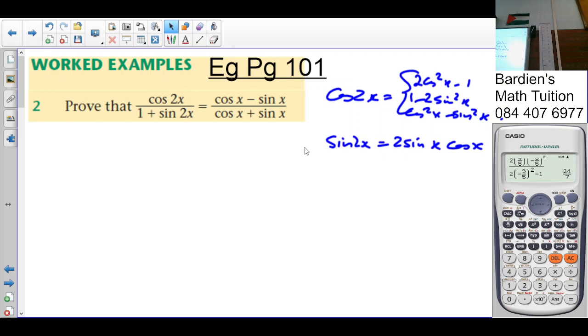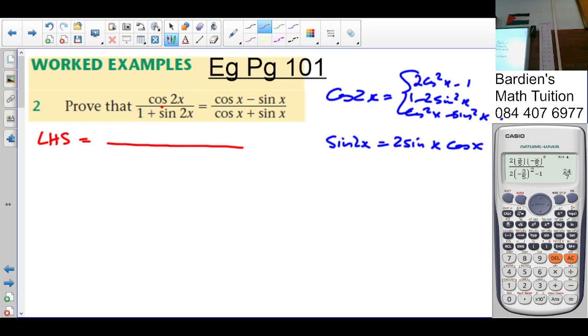Which side do you think we're going to work with here? Left hand side. Okay? So to expand this is going to be easier than to reduce it. It's not impossible, but it's just complex.